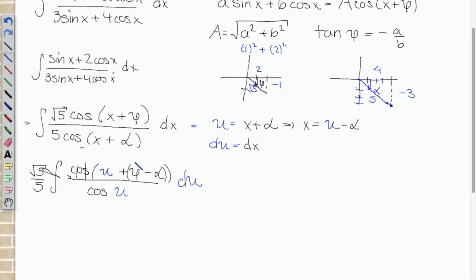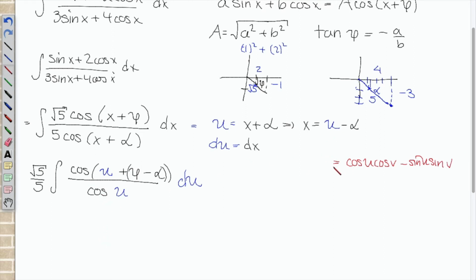From here we use the sum formula for cosine, which we can immediately recall: cosine of u plus v, different u, it doesn't really matter, equals cosine of u cosine of v minus sine u sine v. And we applied that here.